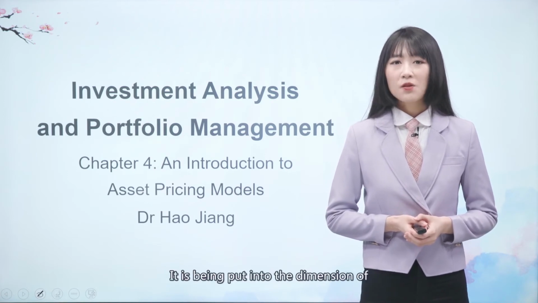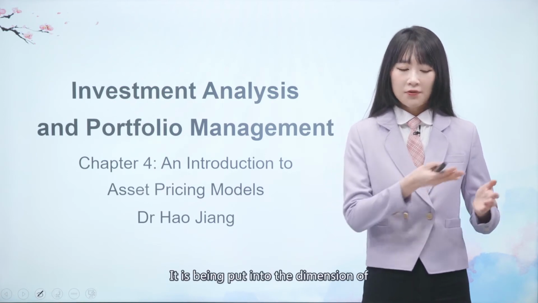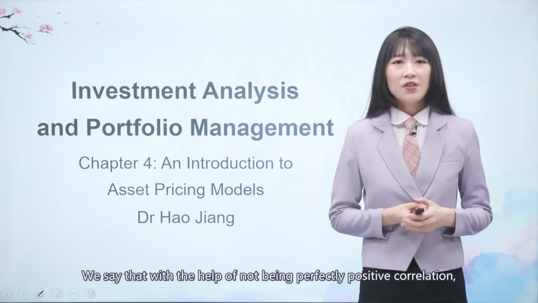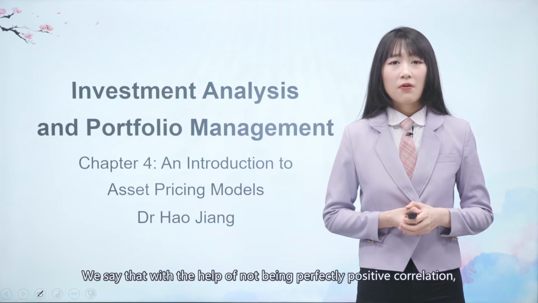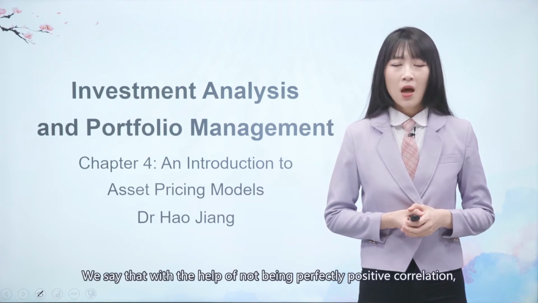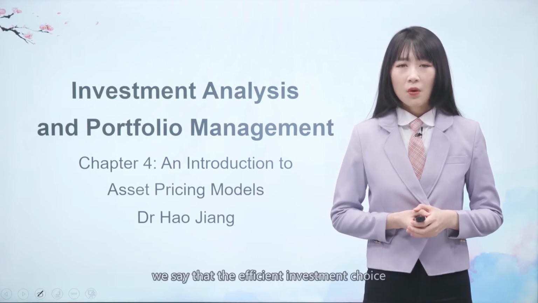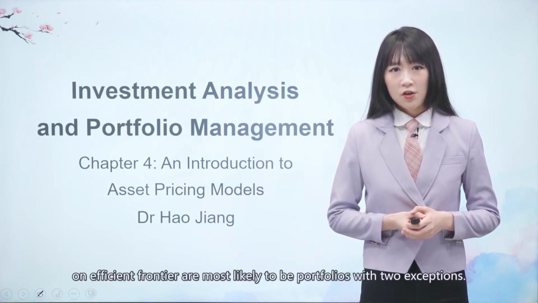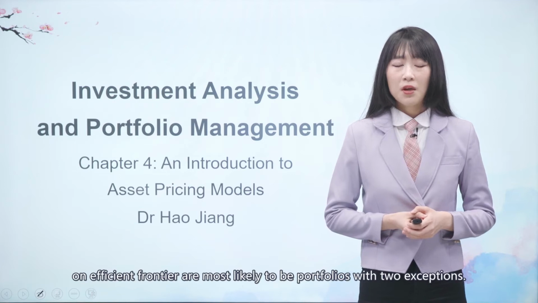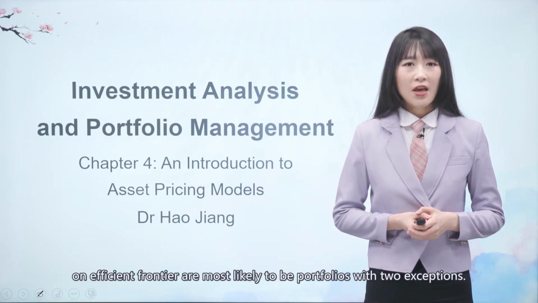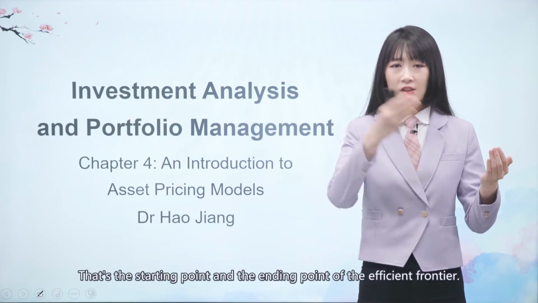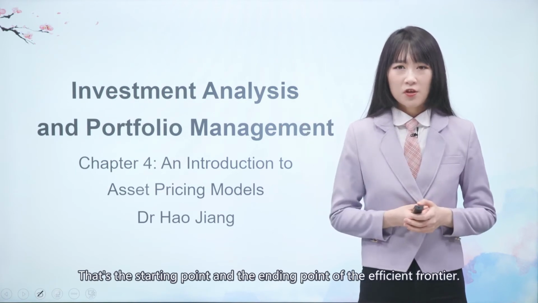It is put into the dimension of standard deviation and expected return. With the help of not being perfectly positively correlated, the efficient investment choices on the efficient frontier are most likely to be portfolios, with two exceptions: the starting point and the ending point of the efficient frontier.